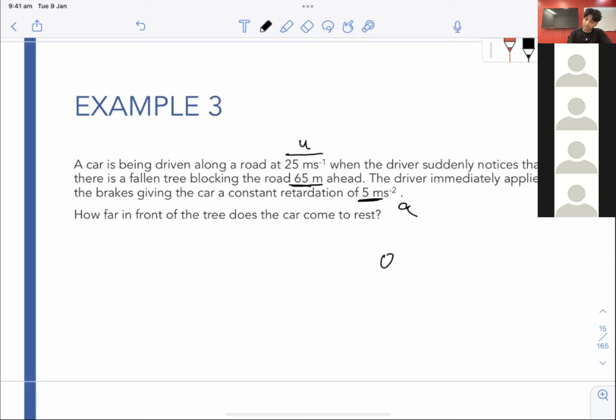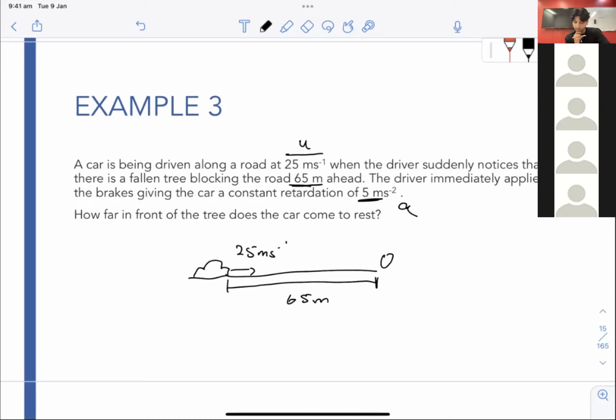Okay. Let's draw a little diagram to represent our situation. So here's our tree. Here's the car. It has a velocity initially of 25. And this distance is 65 meters.